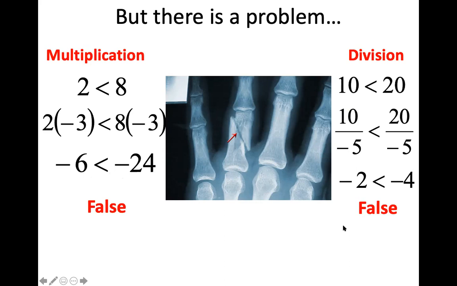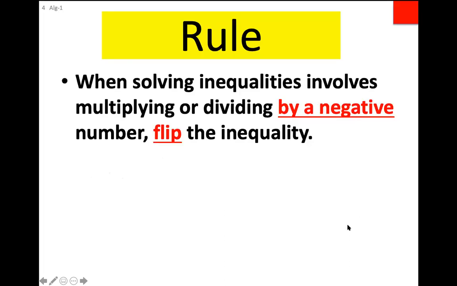I don't know if you remember it from last year. Last year I said this, and you might want to write this in your notes. The rule is this: when you're solving an inequality, if you ever multiply or divide by a negative number, then you must flip the inequality around. Literally, you take less than and make it a greater than.